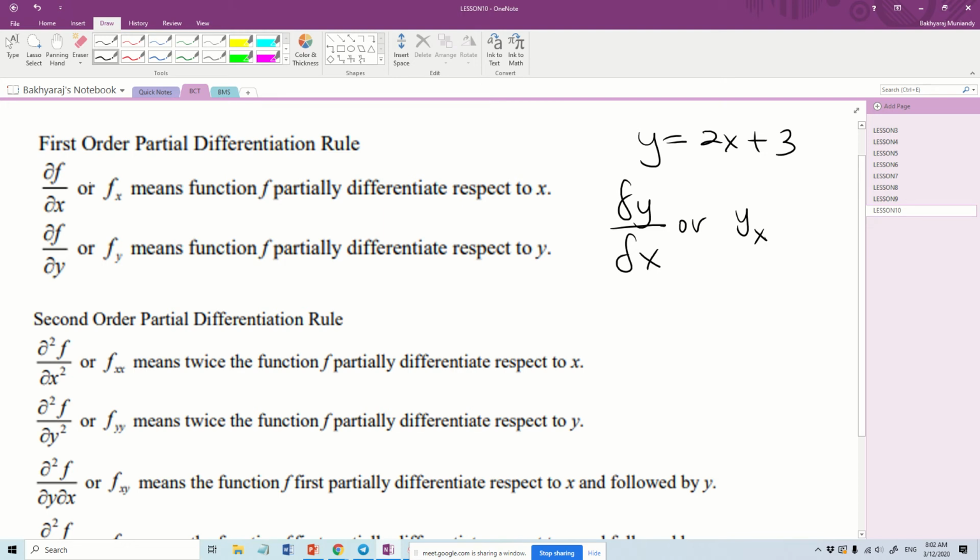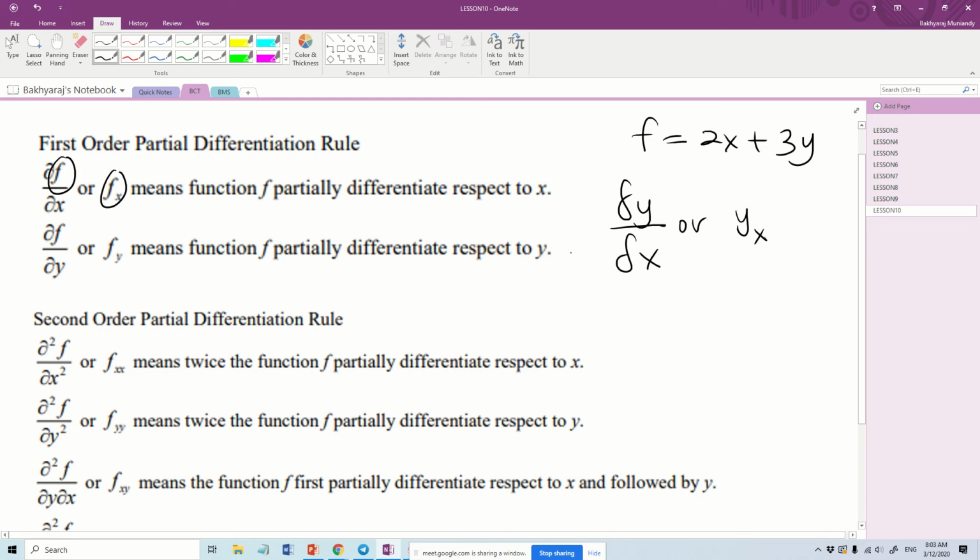Usually they use function f, because there will be x and y together in the equation. For example, they use f here because the function might have 2x plus 3y. We will have more than one unknown, maybe x, y, z, something like that.